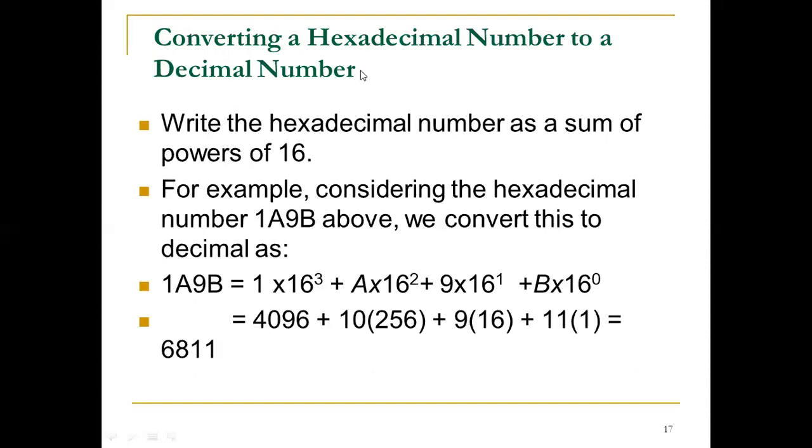So, conversion of a hexadecimal number to a decimal number. This is the hexadecimal number, and we have to convert it into a decimal number.